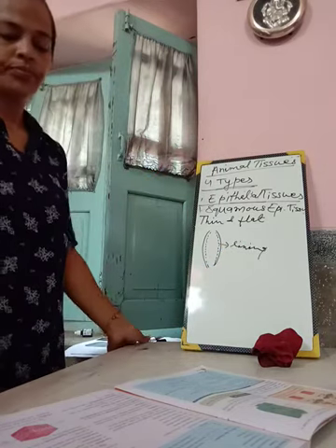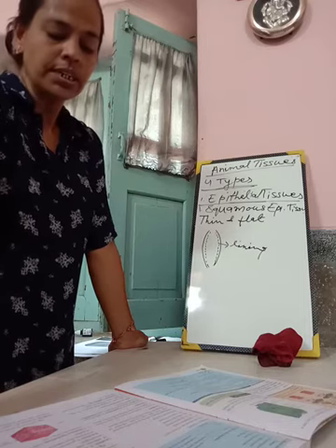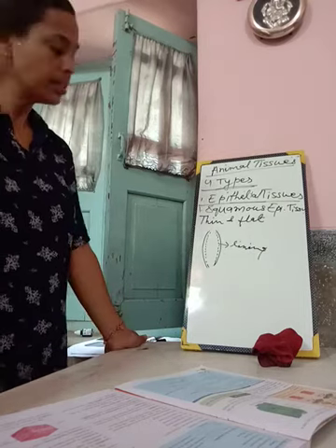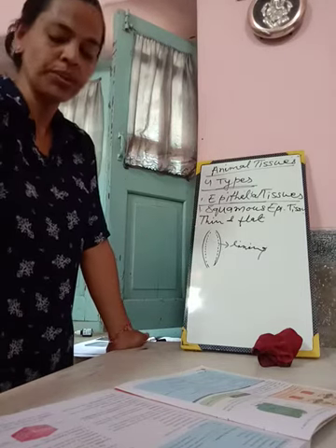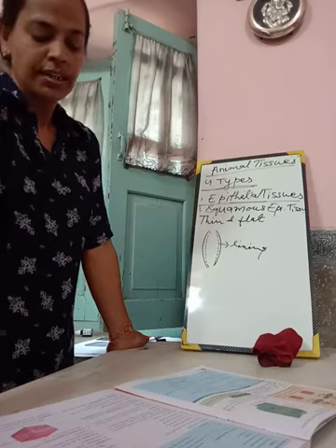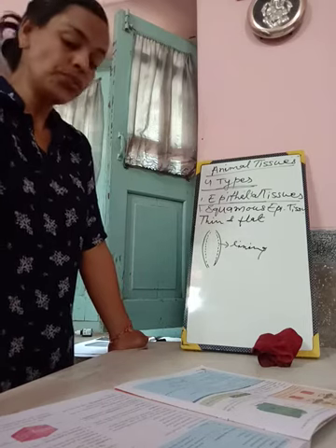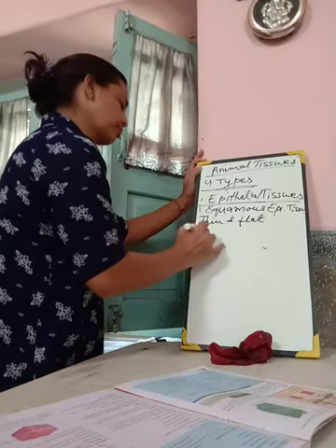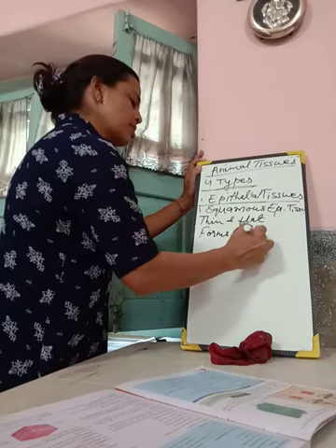We have a mouth cavity. In this mouth cavity, squamous epithelium tissue forms a lining, and the lining of the esophagus also.